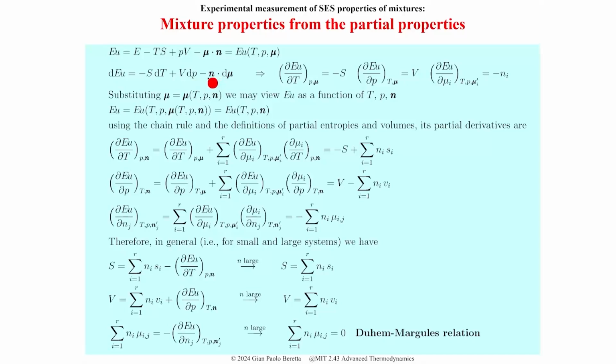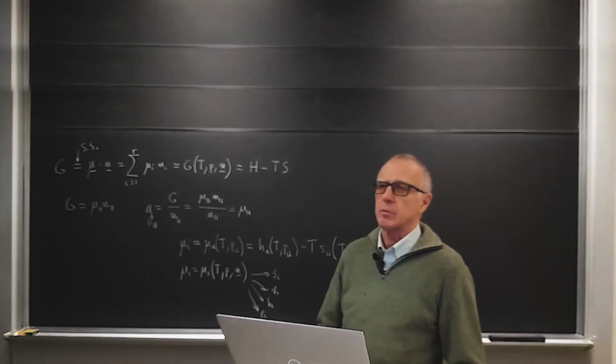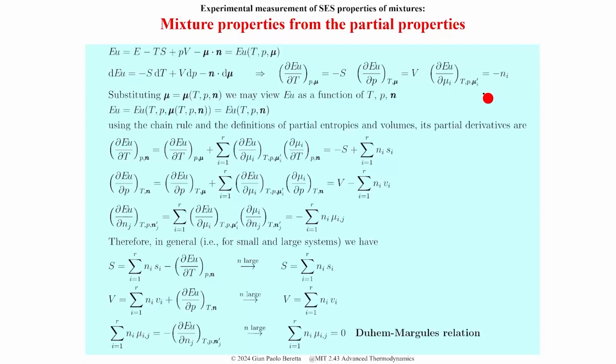The amount of constituent is the negative of the Euler with respect to the chemical potential. So this partial derivative, partial of EU with respect to chemical potential of constituent I, while I keep fixed the temperature, the pressure, and the chemical potentials of all other constituents, is equal to the negative of the amount of constituents I have in the mixture. So this thing here is minus Ni.